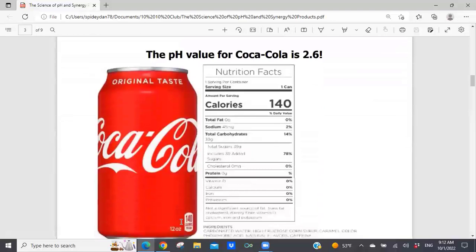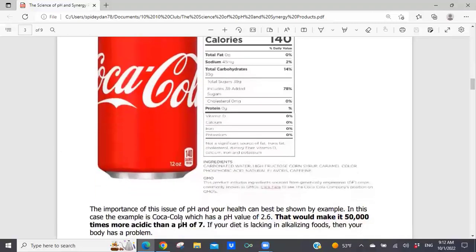Now, I don't want to pick on Coke, but Coke is a great example because you see people drink Coke all the time, or colas. Phosphoric acid is in most dark colas. So when you look at the pH of Coca-Cola, it's 2.6. Now, how many Cokes does a person drink on a daily basis?